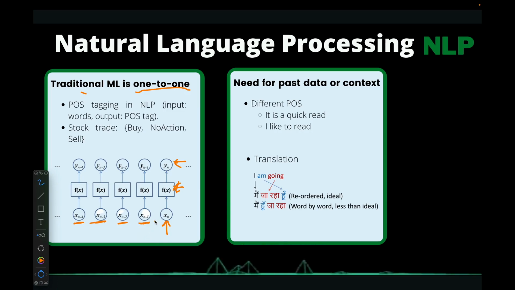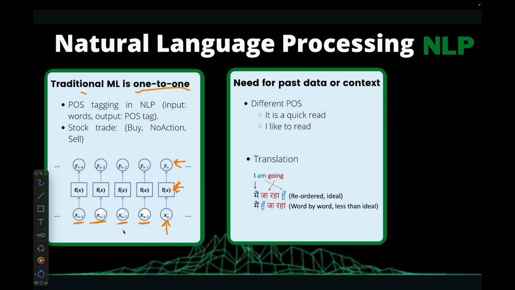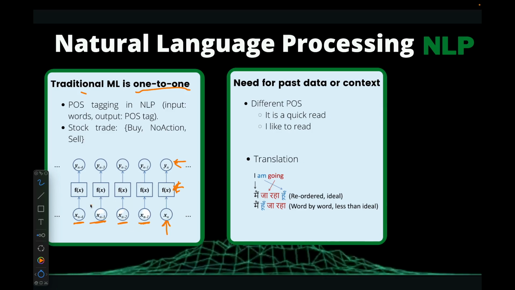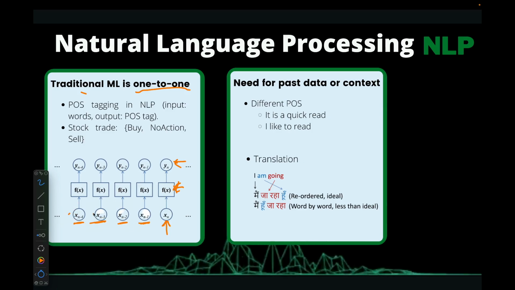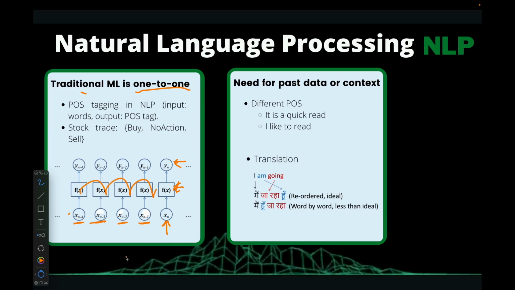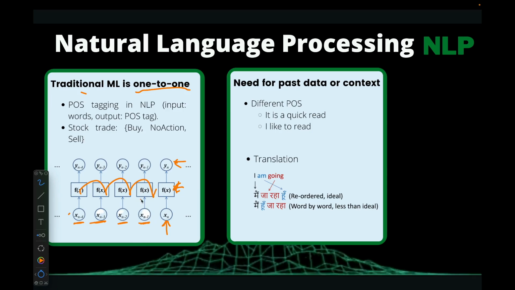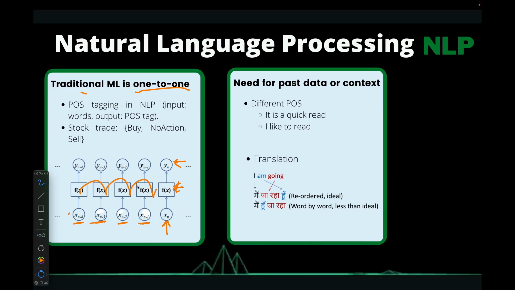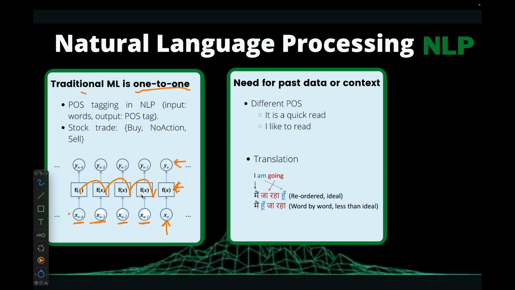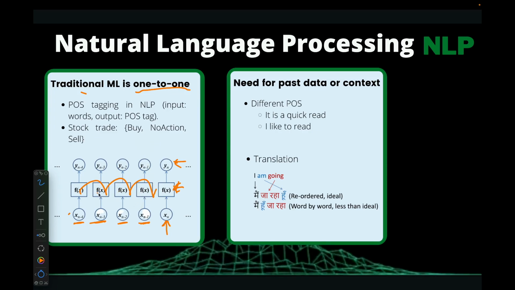So what about the text that came in the previous sentence, in the previous 2 sentences, the previous 3 sentences, the previous 4 sentences? In traditional machine learning, we don't take into account the previous data, or the previous instances, or the previous states of the data. We don't take that into account. So that becomes a problem.